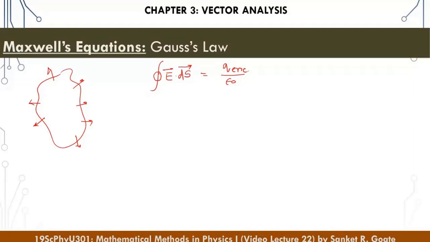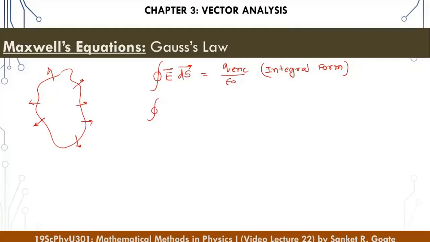So now let's try to rearrange this equation a bit. As I said, this is the integral form. This is the first Maxwell's equation. Gauss's law is the first Maxwell's equation, and this is the integral form of it. Now we will rearrange this equation a bit.